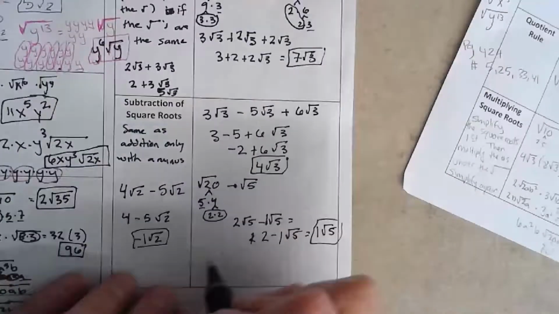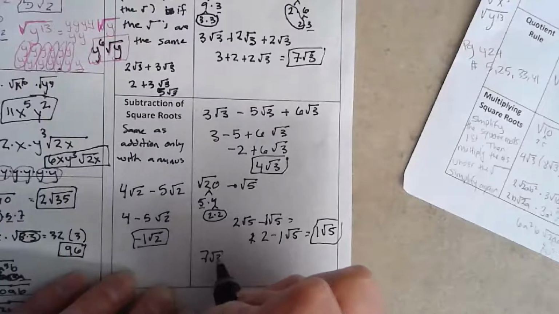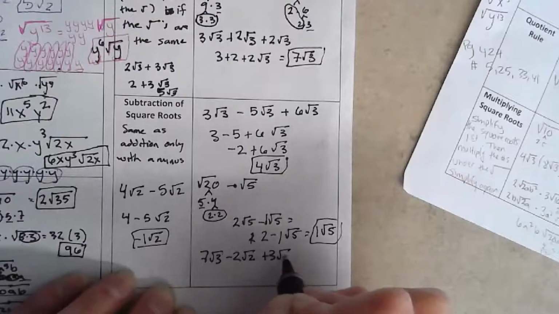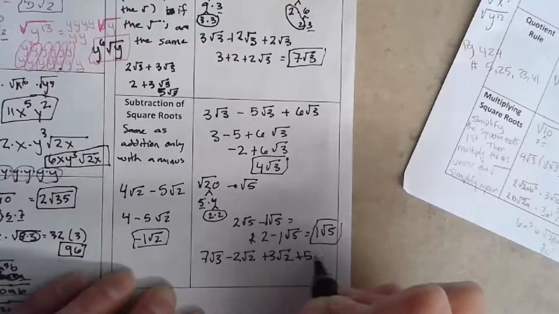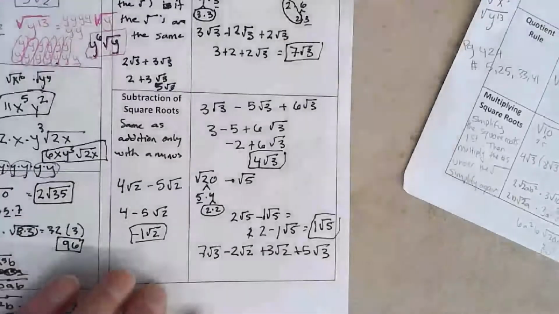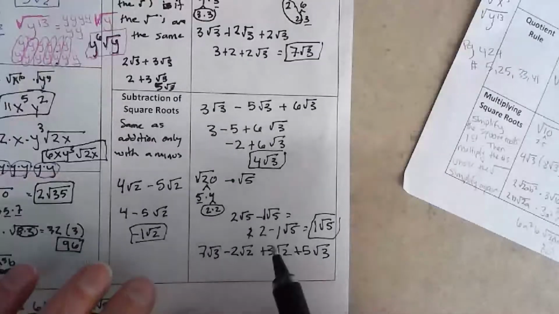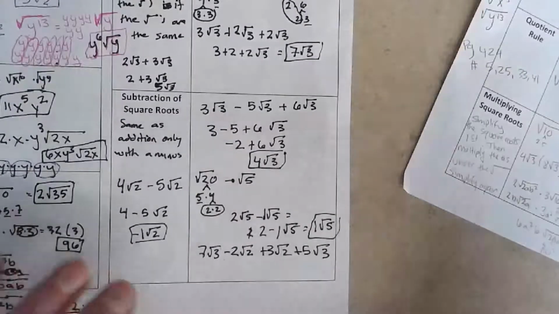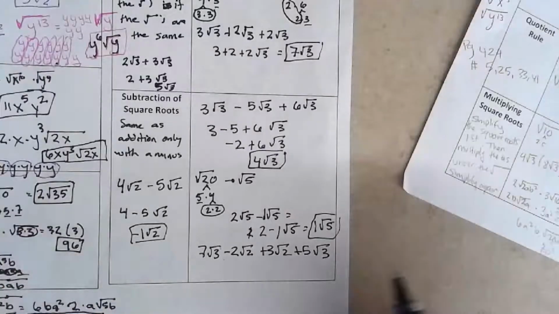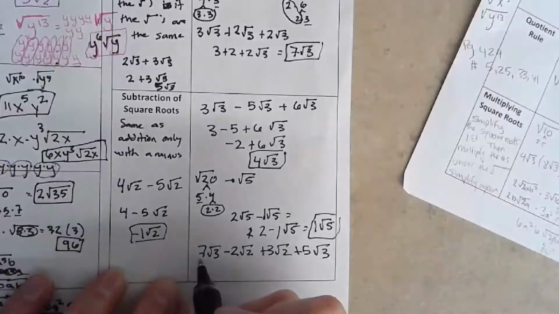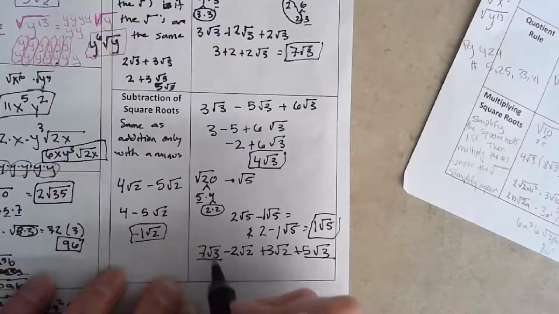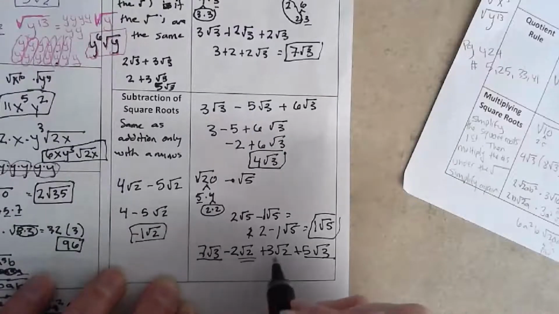Okay, 2 more examples. What if we had 7 square root 3 minus 2 square root 2 plus 3 square root 2 plus 5 square root 3? If you notice, 3, 2, 2, 3, those are prime numbers. We can't break those down. So we're going to combine like terms. We're going to put our square root 3's together, and our square root 2's together.